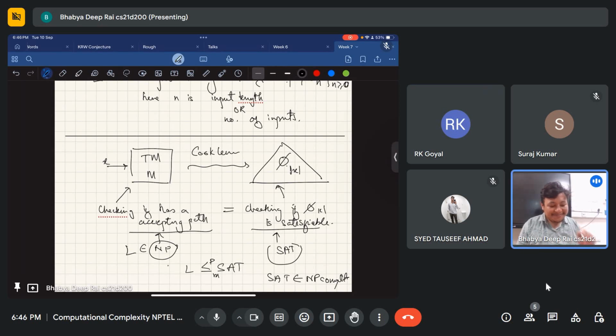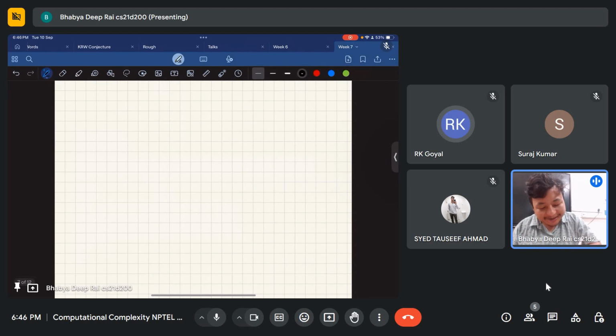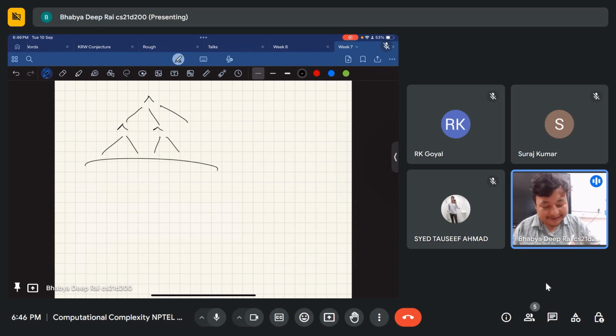Right. Because, see, for example, SAT has several satisfying assignments. It is able to characterize that non-determinism also pretty well. Because, see, what is satisfiability doing? It is actually showing how many certificates there are that satisfy this. How many inputs are there that satisfy this?